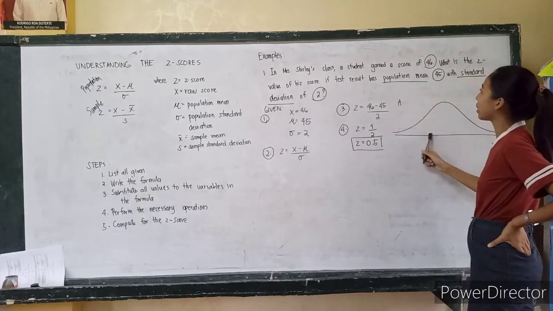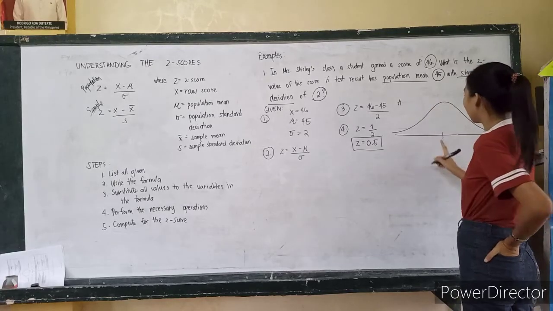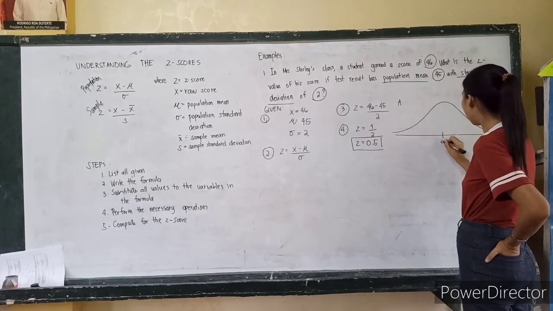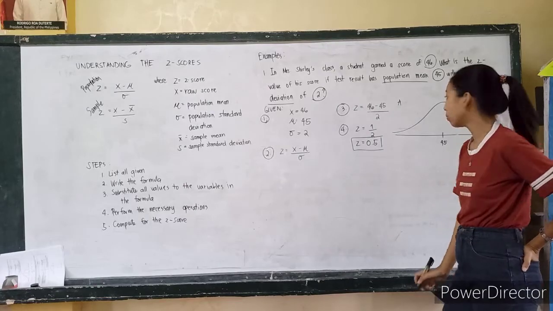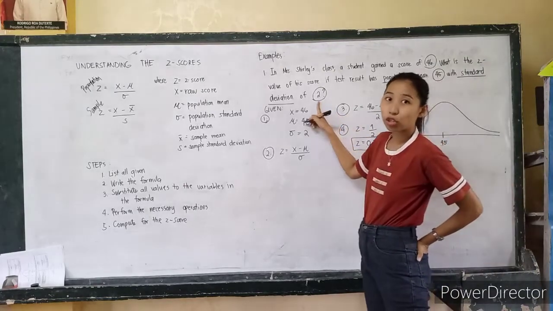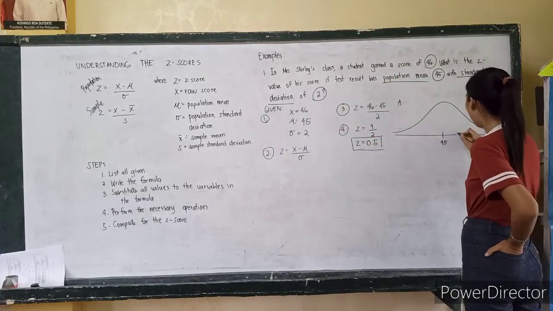So, kung atong analyze, your mean is equal to 45. Remember that the center of your curve should be your mean. So, dapat nadira si 45. Klaro? Human, we are going to have our standard deviation, which is 2. Ibig sabihin, gikan sa 45, mag-add ta og 2.